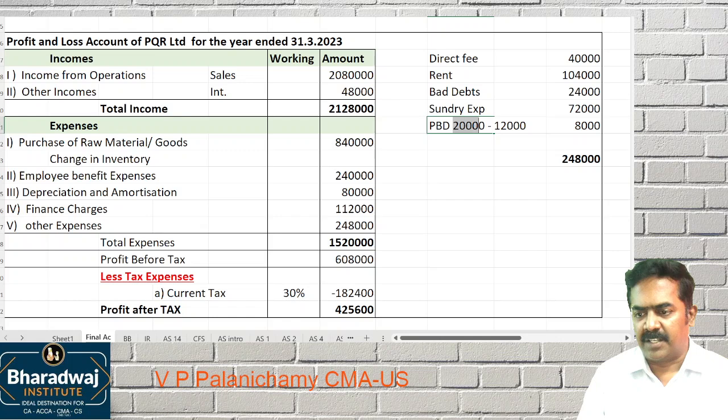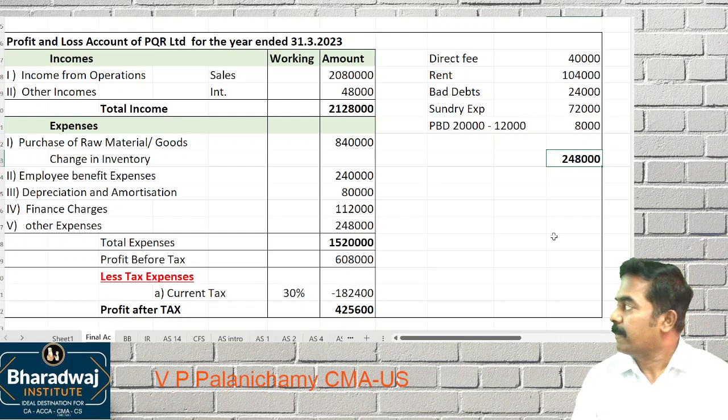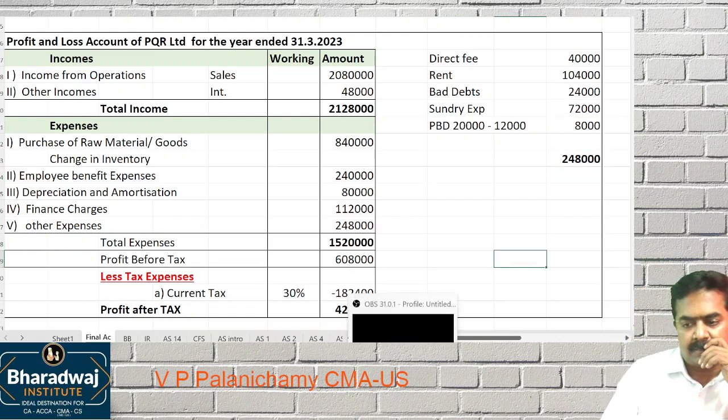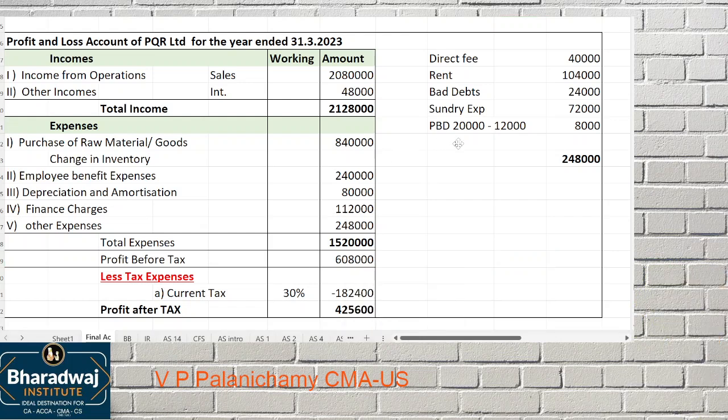So provision for bad debts: 5 lakhs into 4% minus old provision 8,000, we need to create. Any doubt in this P&L account?